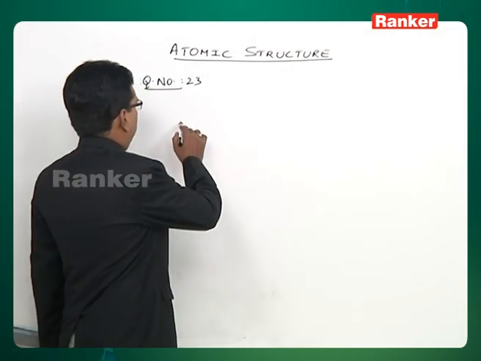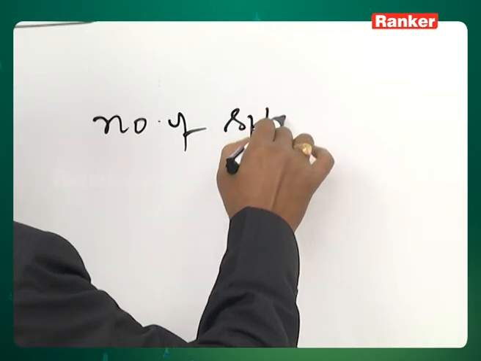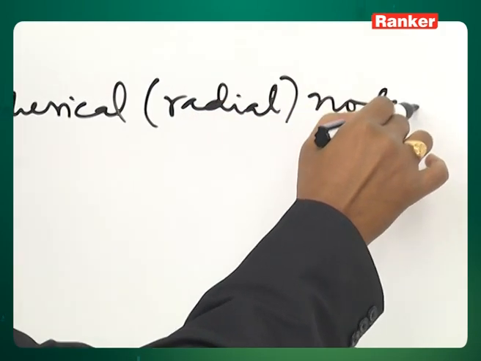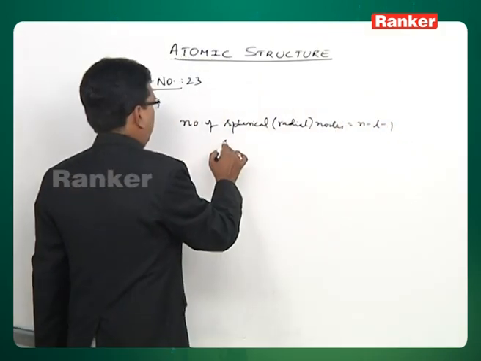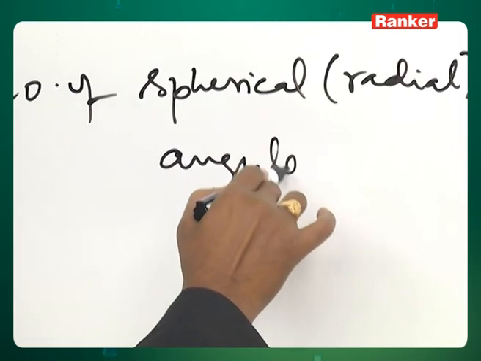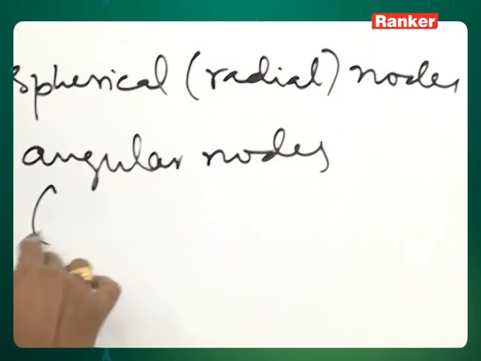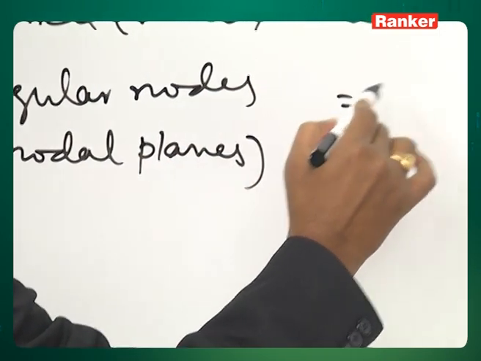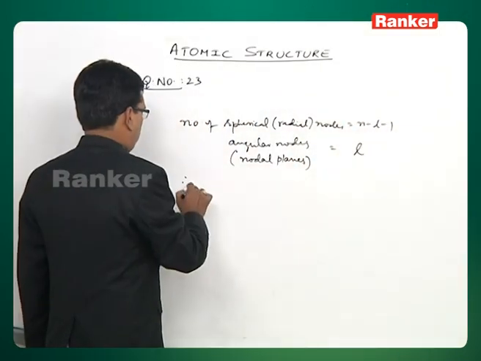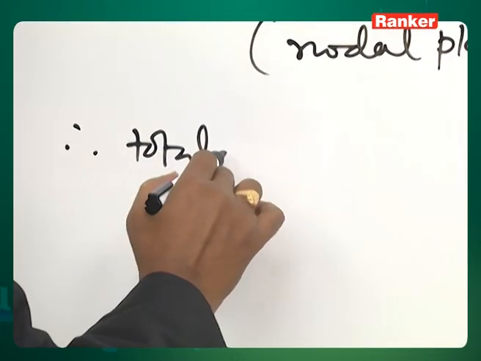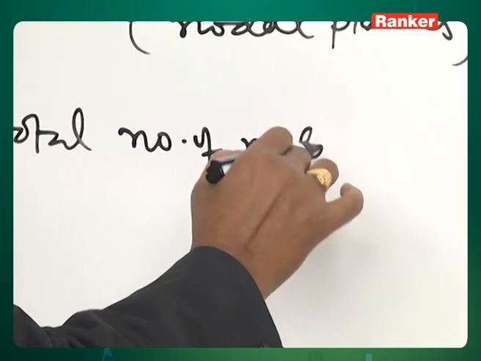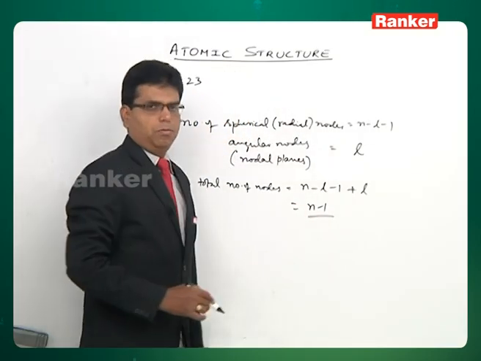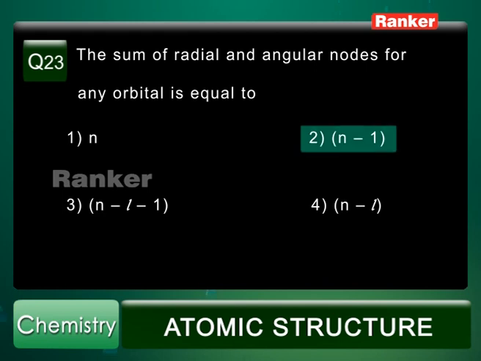The number of spherical nodes, otherwise called radial nodes, is equal to n minus L minus 1, and the number of angular nodes, also called nodal planes, is equal to L. Therefore, the total number of nodes, both spherical and angular, is equal to n minus L minus 1 plus L, that is equal to n minus 1. So, the correct answer is option 2.